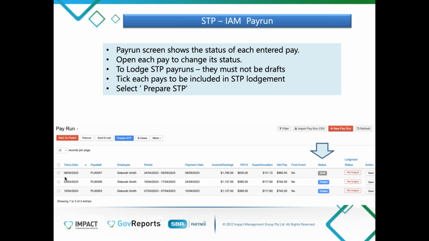And again, you'll see the red button there is to make sure that you can mark it as posted, because if it's a draft, it can't be lodged. Prepare STP is in blue there, and you are able to do one employee at a time, or if you've done, say, 10 employees, you can tick the whole 10 and send them all off to the ATO.